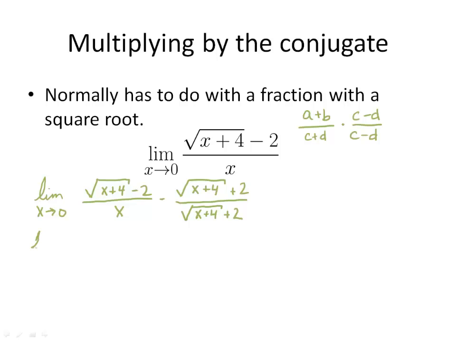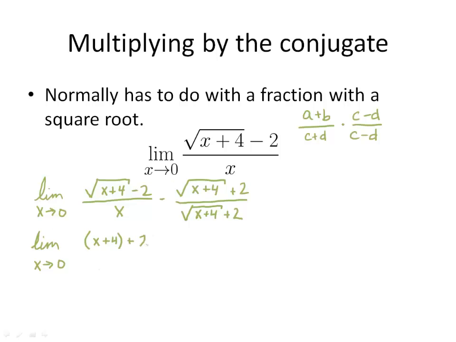So we've got the limit as x approaches 0. Multiplying square root of x plus 4, we're going to get just x plus 4 because they're multiplying twice and they're inside the square root, right?